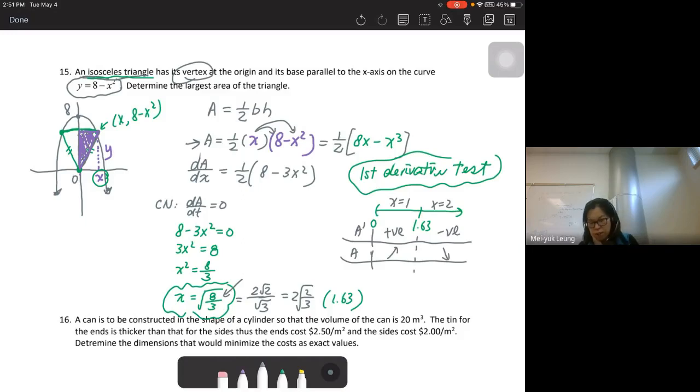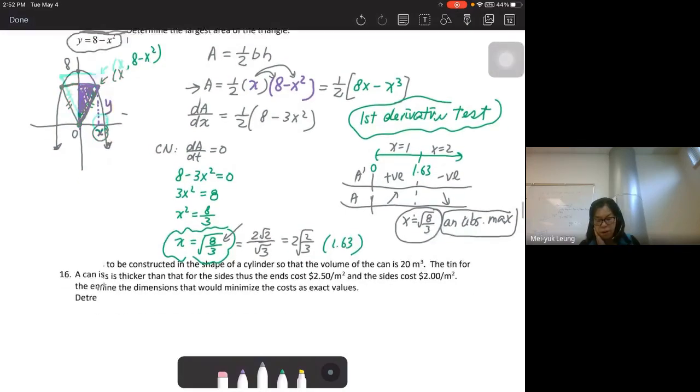Okay, it's strictly decreasing to the right of this critical number. So this point here at x equals the square root of 8 over 3 is not just a local maximum, it's actually an absolute maximum point. Okay, so the absolute maximum is going to occur at this critical number.